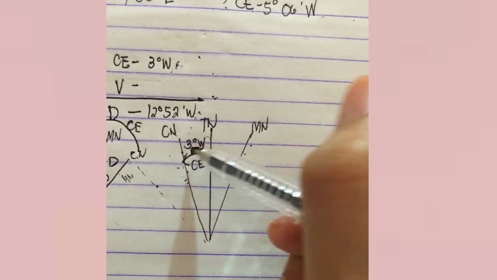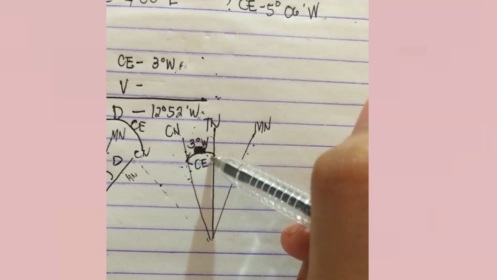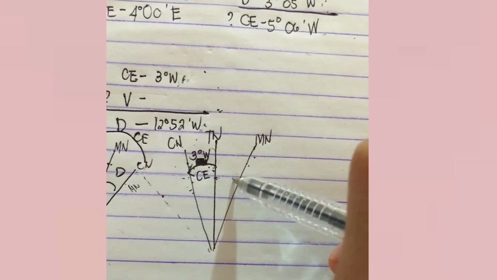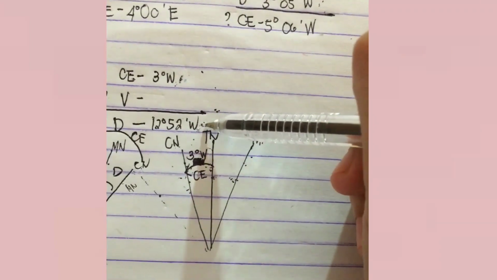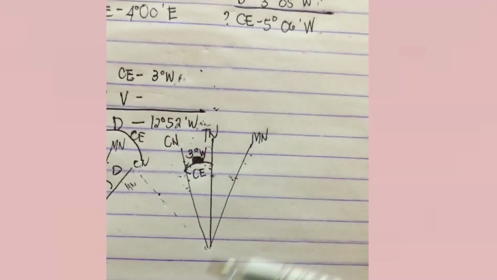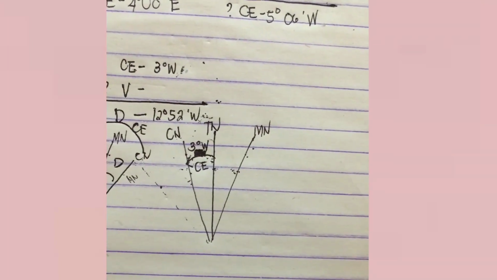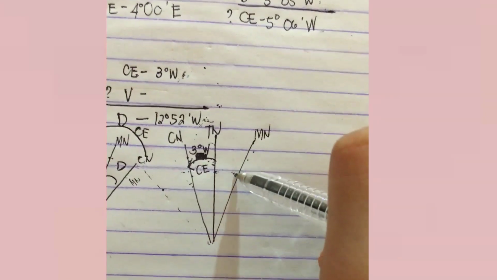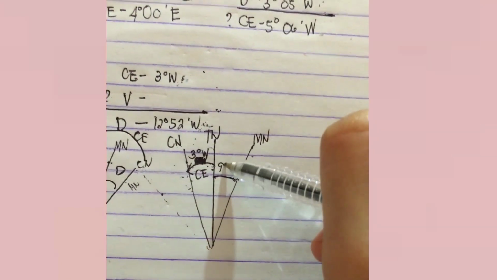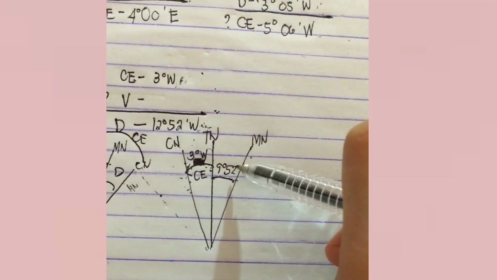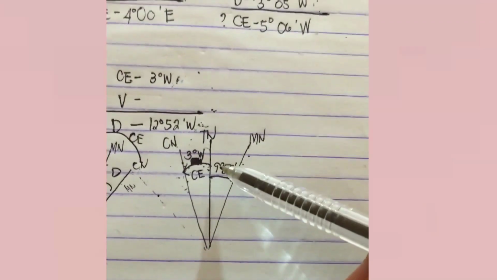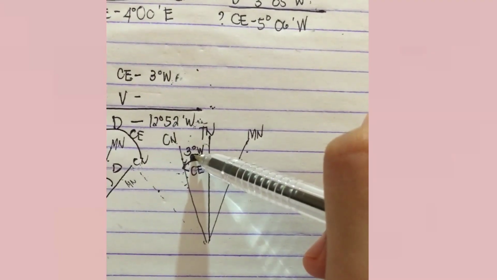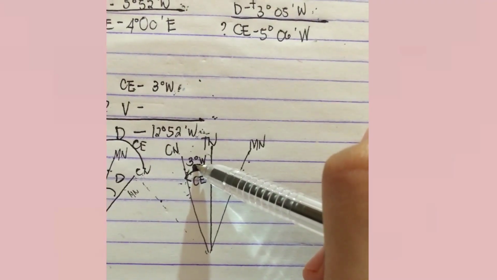Since we already have 3 degrees west here, what should this angle be in order for us to get 12 degrees and 52 minutes west? So this angle here will be 9 degrees and 52 minutes, because 9 degrees and 52 minutes plus 3 degrees is 12 degrees and 52 minutes west.